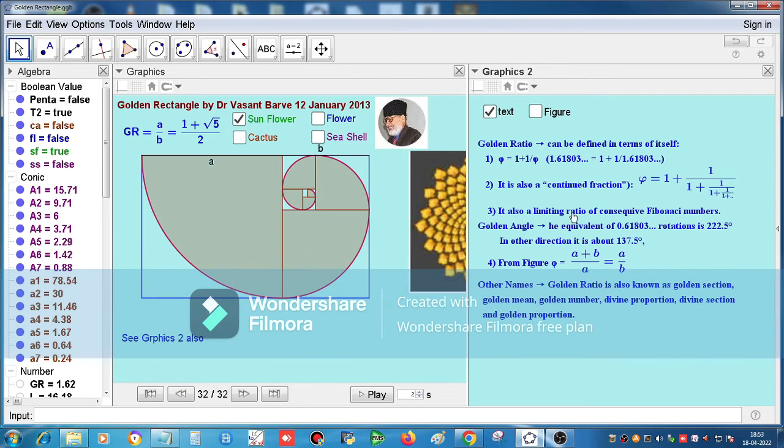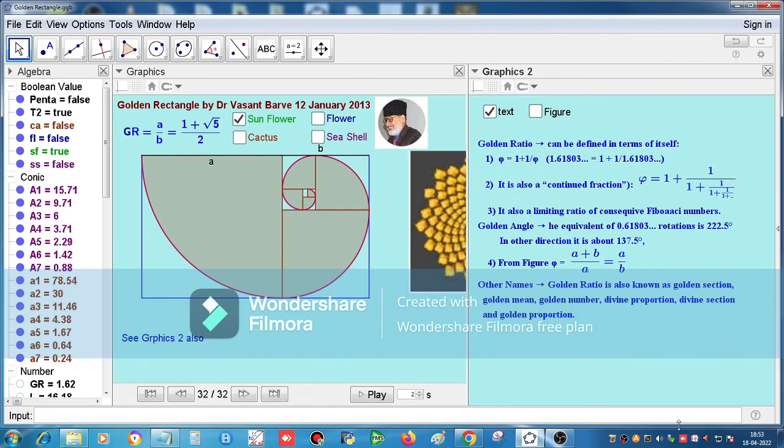So see, the golden ratio can be defined in terms of itself. One definition we have here is (1 + √5)/2. Now the second definition is phi = 1 + 1/phi. See, this is also a wonderful relationship.